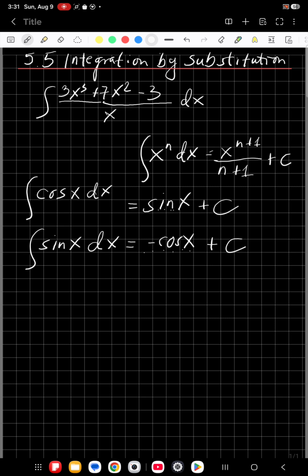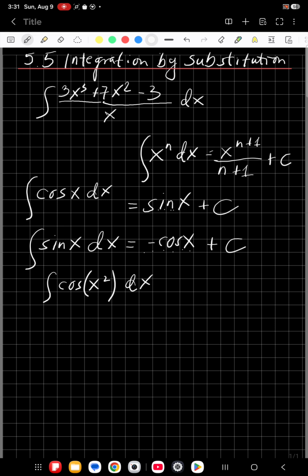We know how to do something like this. But if we were given an integral like this, cosine of x squared, so it's not cosine of x but cosine of x squared, this is actually quite difficult.